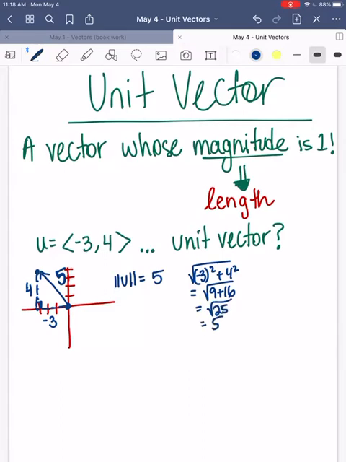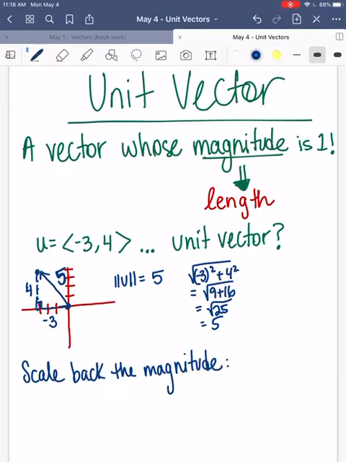So if it's not a unit vector, what do we do to make it a unit vector? Basically what we're going to do is something called scaling back. We're going to scale back the magnitude. And how do we do that?